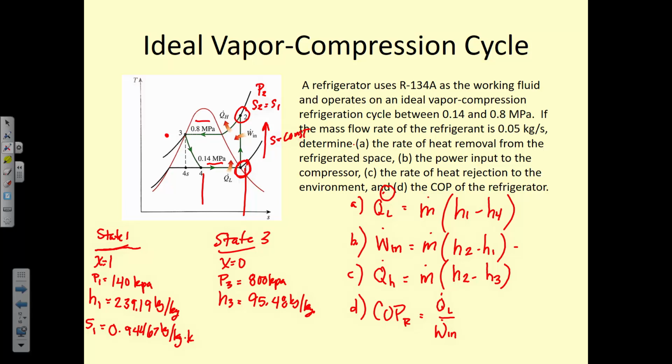And if state 2 is off to the right, it's a superheated vapor. That's why we're always talking about under the dome, X is between 0 and 1. When it's on the left, like that random dot there, do you use the compressed liquid tables? If you have a pressure value for it.